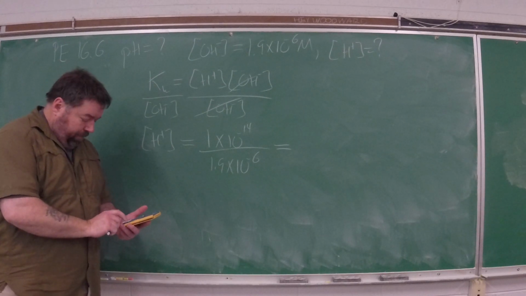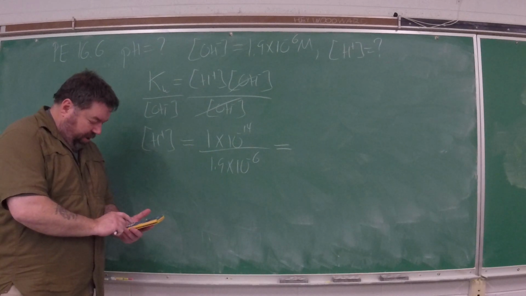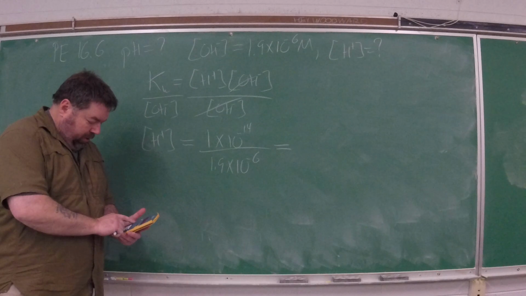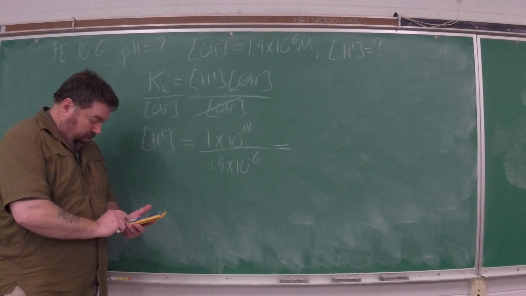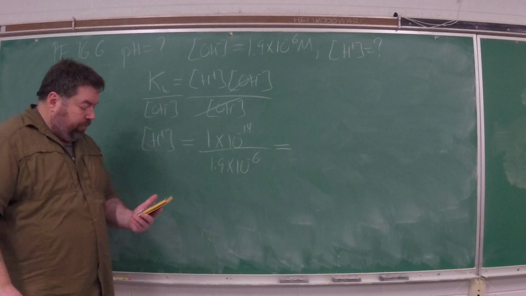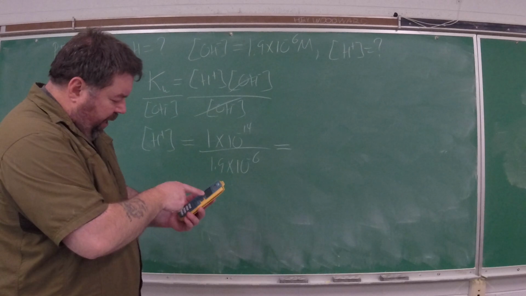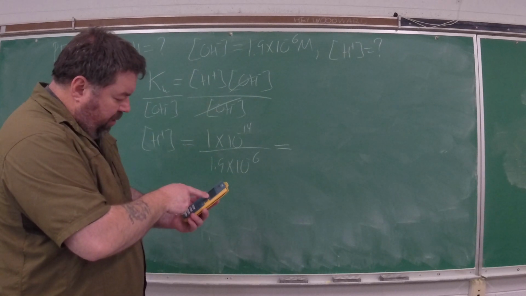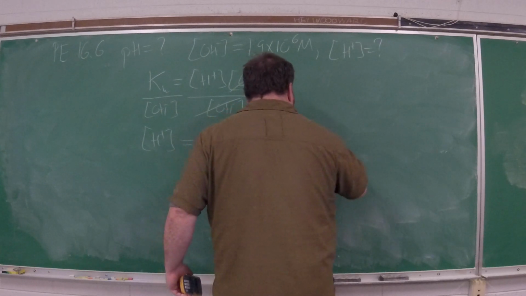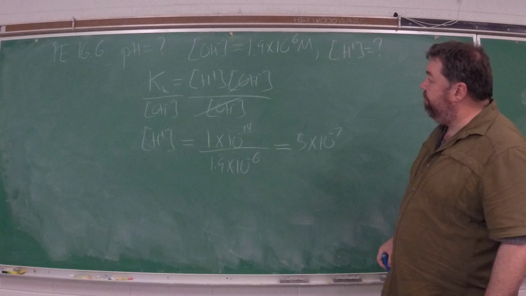Divided by, let me use parentheses on there, just to be safe. I am ending up with 5 times 10 to the minus 7.